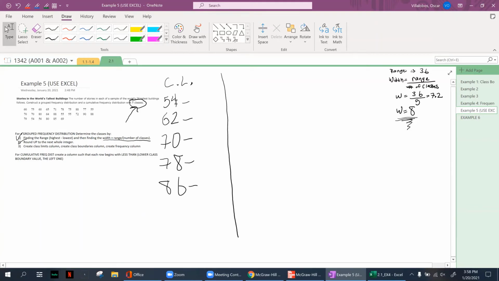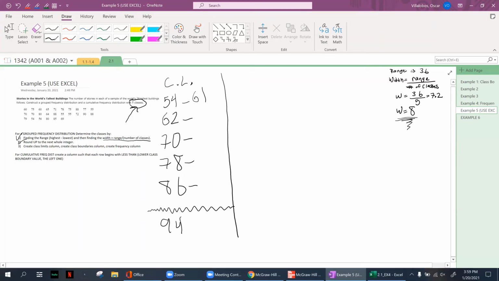Now, is this going to be 54 through 62, or is it going to be 54 through 61? 61, right? I cannot have any overlap, and so we know where to stop. Let's do 86, and I'm going to add 8 and get 94.